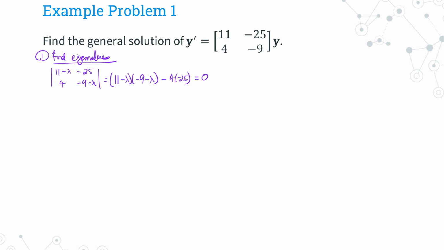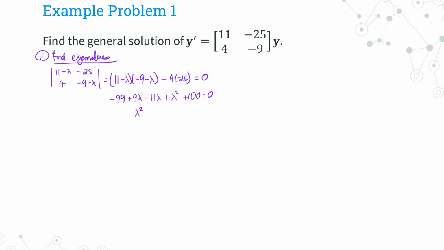We want this whole thing to equal 0. So we have a negative 99 plus 9 lambda minus 11 lambda plus 100. Oops, we forgot a lambda squared. Let me put that back in here. There we go, and then plus our 100.